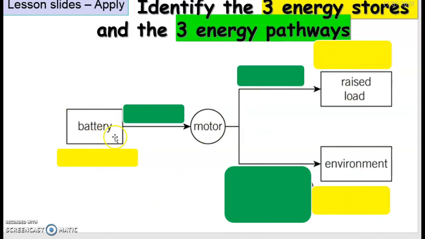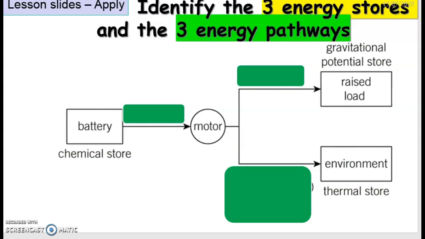So think about a battery. In year 7 and 8, what did we say was the energy store inside a battery? Same one as is inside food or a fuel, for example. Okay, so let's have a look at the energy stores here. So we've got our chemical store within the battery, our gravitational potential store here, because we've got a motor and that has raised something up.